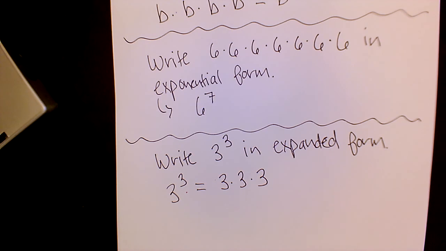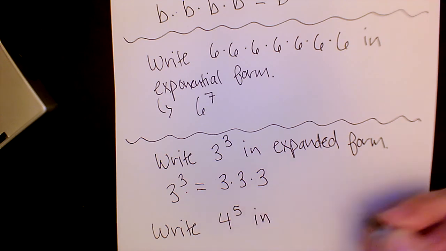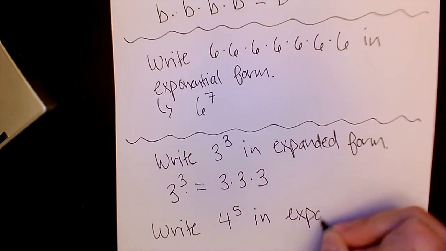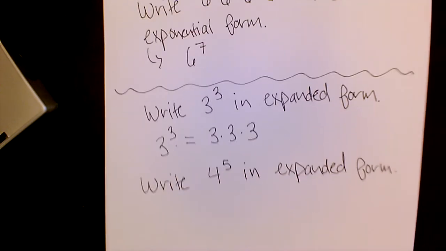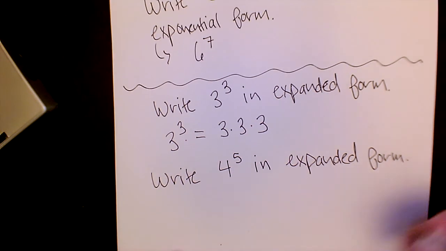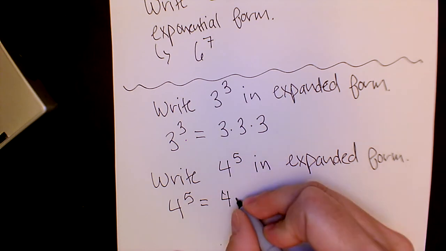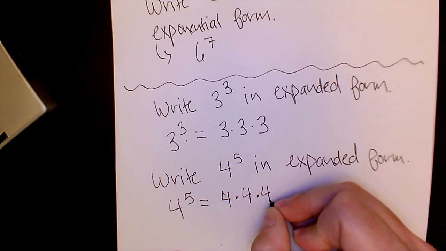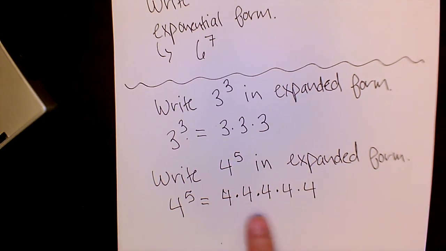And you'll see some of these types of problems in your WebAssign homework. Let's write 4 to the 5th in expanded form. So I know I'm going to use my 4's, and there's 5 of them, right? 1, 2, 3, 4, 5.